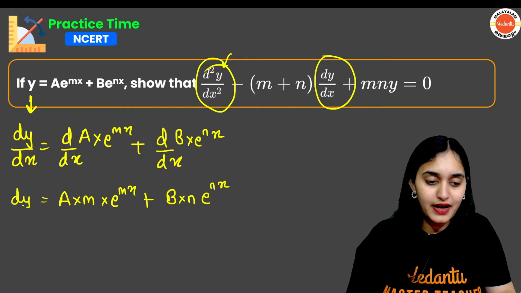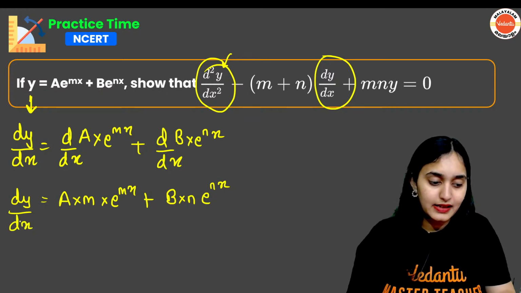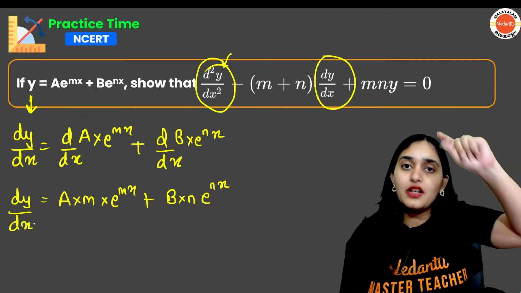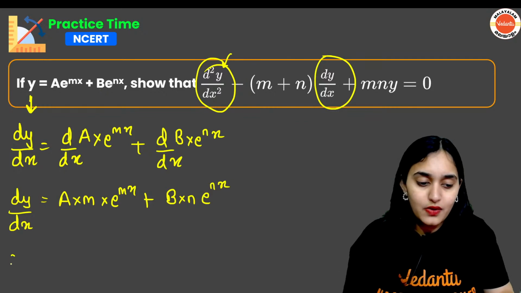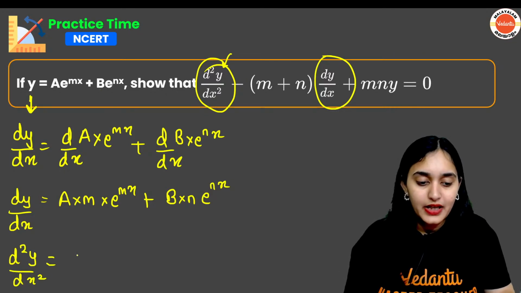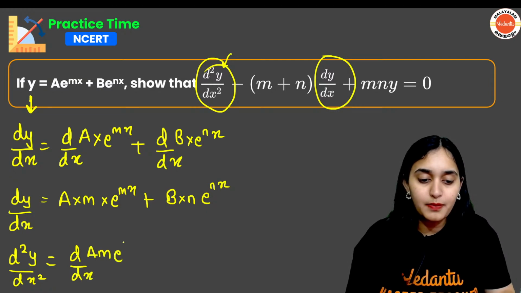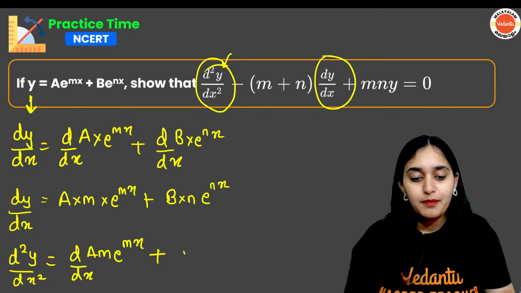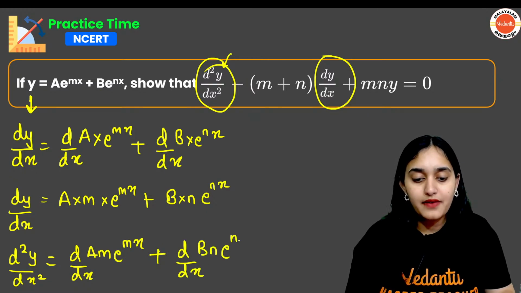This is dy by dx. Now you double differentiate it. You differentiate it again. What do you get? D square y by dx square will be the differentiation of a m e to the power mx plus the differentiation of b n e to the power nx.